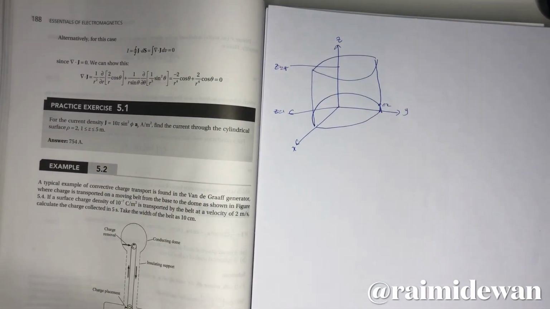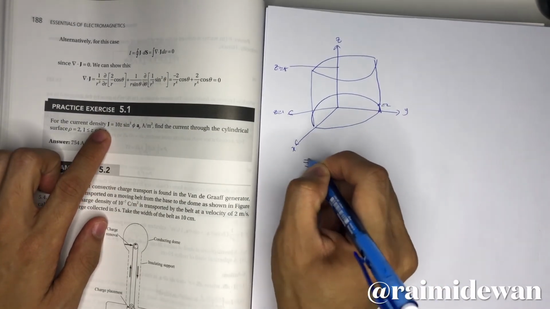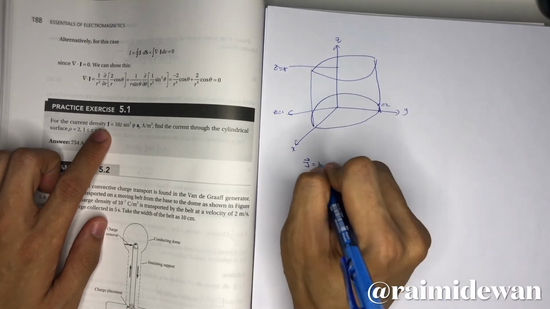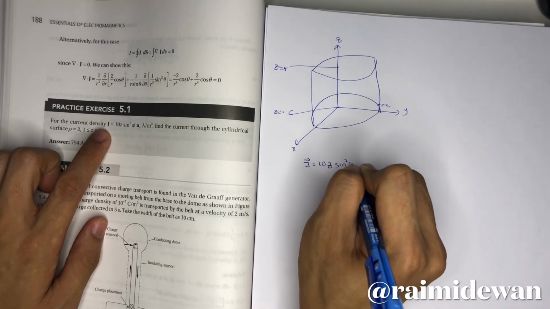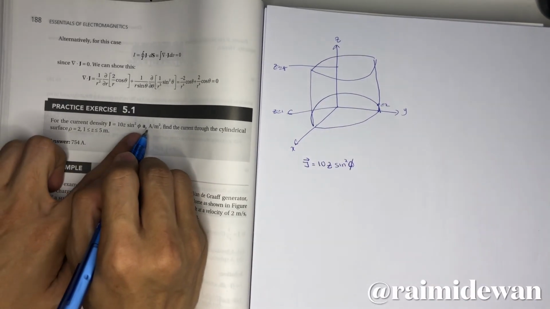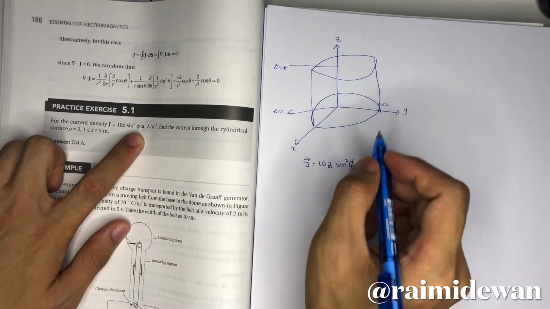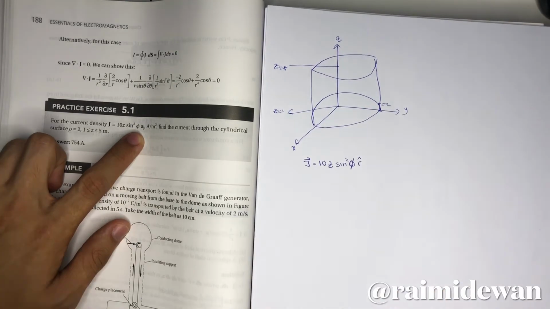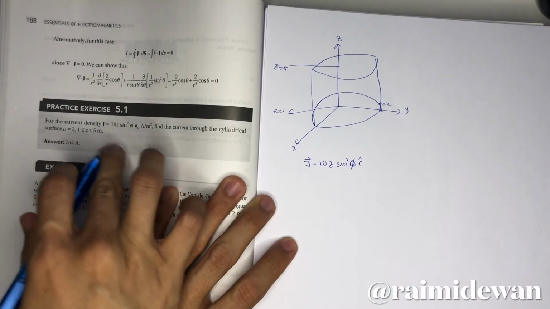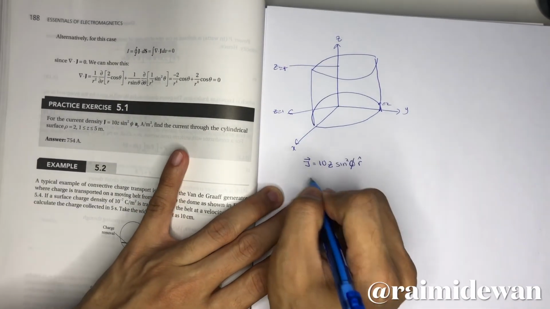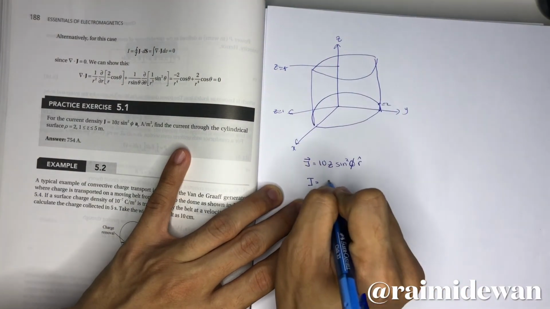Now the question asks for the current density J, I rewrite it again so that you guys will be able to understand better. So this is unit radius, unit vector in the r direction, so use r. So find the current through the cylindrical surface. Now we use this, because it is about surface, so definitely you will use this equation.